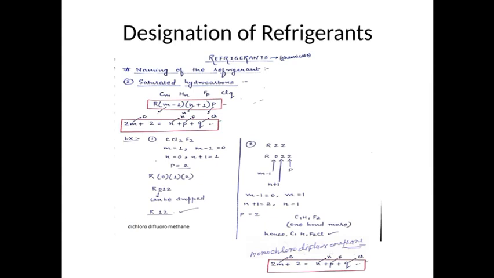We put m equal to 1, so this becomes 4, equal to n equal to 1, p equal to 2, so 3 plus q, so q becomes 1, so a Cl atom will come. So the final formula will be CHClF2. This will be monochlorodifluoromethane. Let's see the next case.